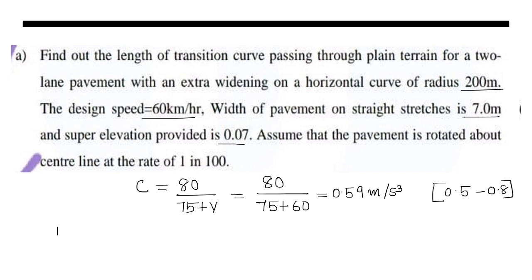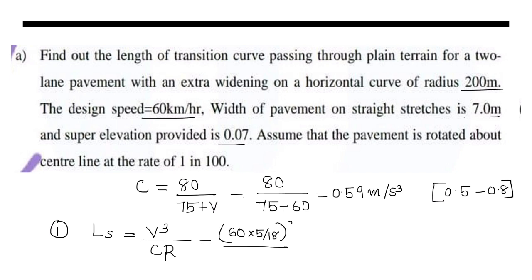Okay, and the length of transition curve can be found out by using the equation V cube divided by C into R. Here V you need to substitute in meter per second, that is 60 into 5 divided by 18, the whole cube, divided by C is 0.59, R is 200 meters. Okay, and if you substitute it, you will get length of transition curve as 39.23 meters.